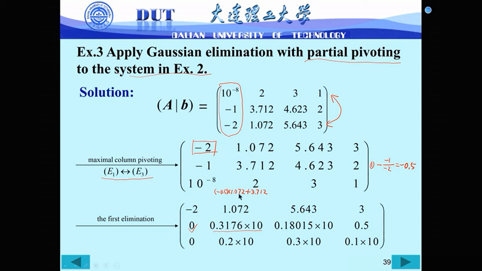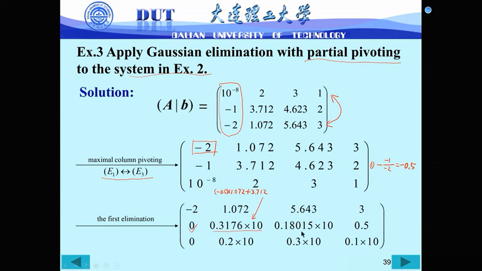Now you see, here we don't have a great number added to a small number, so there is no eating, right? So you can obtain the result. Please practice by yourself and check.